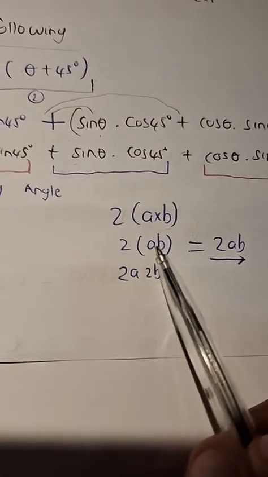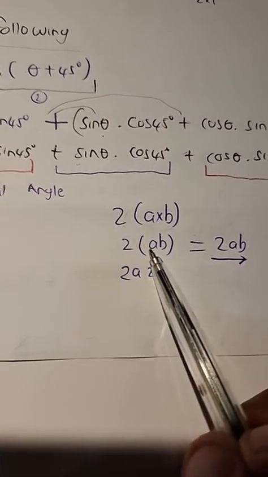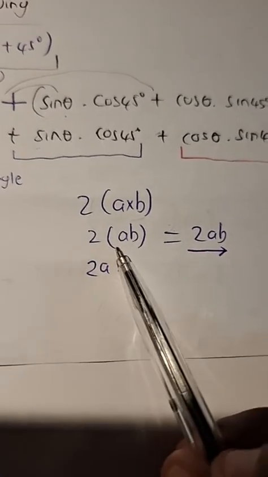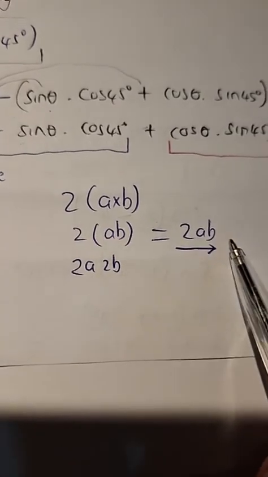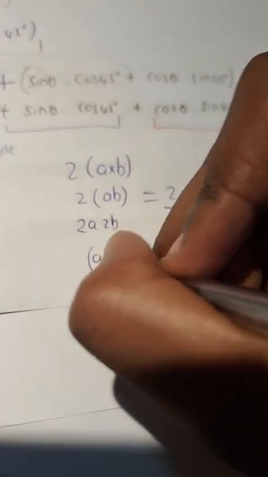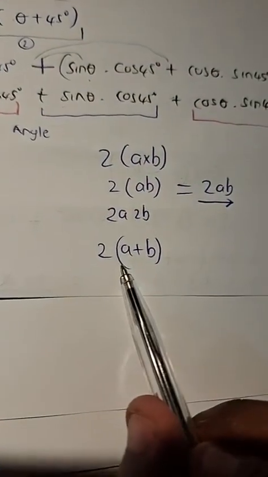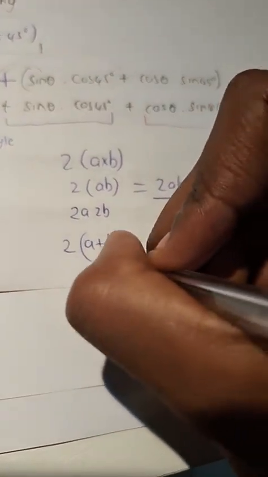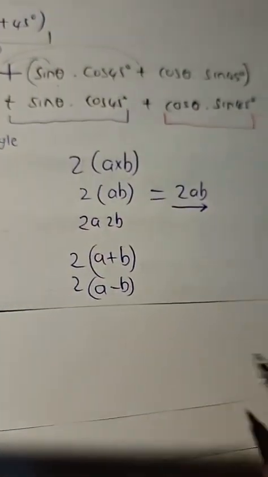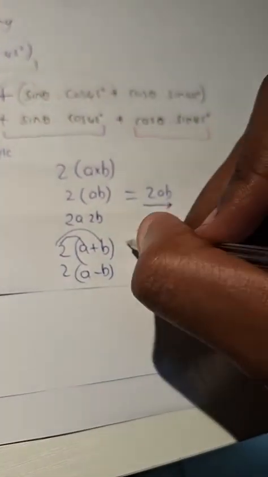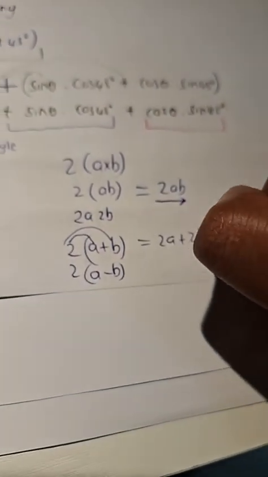So all you do is take the 2 and multiply with ab. 2 simply becomes the coefficient of the 2 variables a and b, and that's it. The only time you distribute something, if there's something outside, is if there's a plus or a minus sign. Then you would say 2 times A, 2 times B. So that's 2A plus 2B.